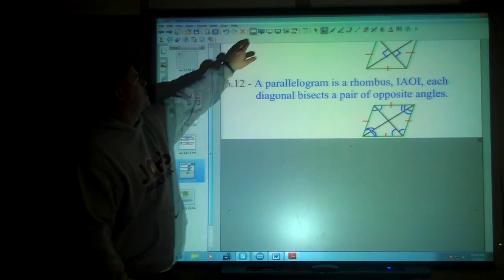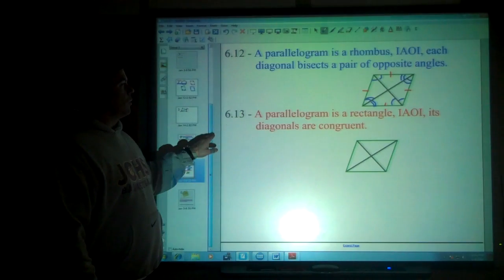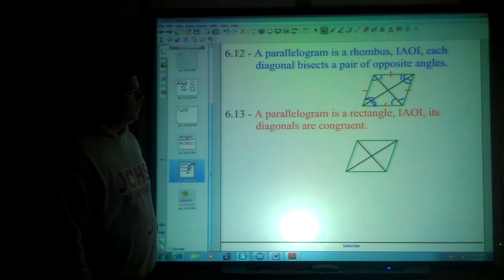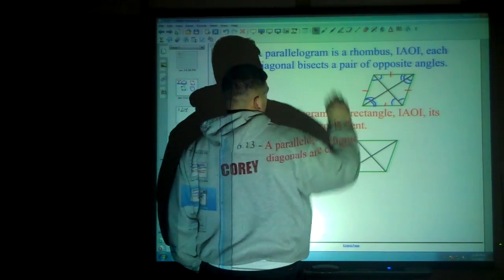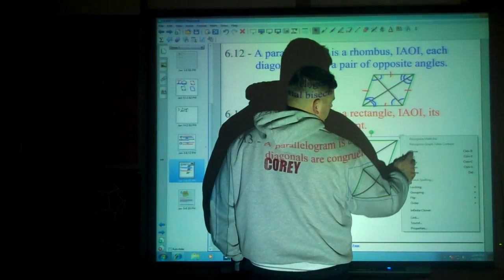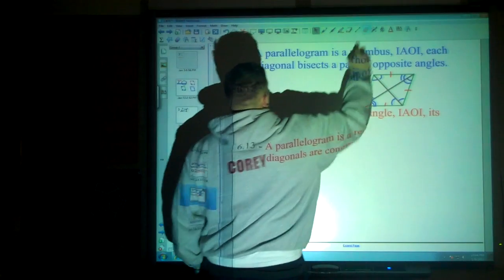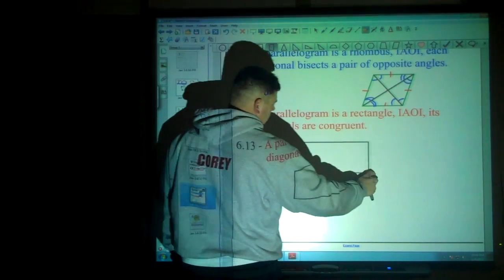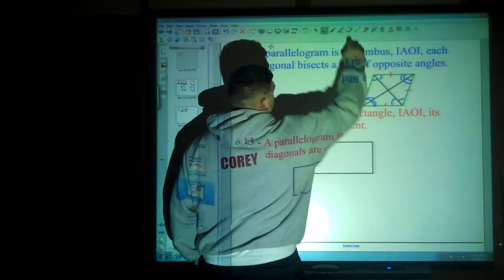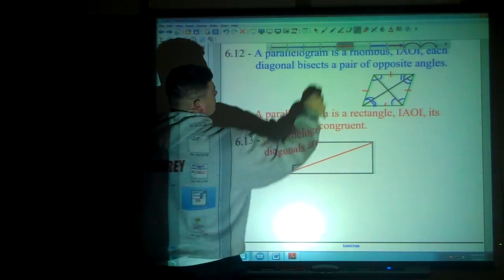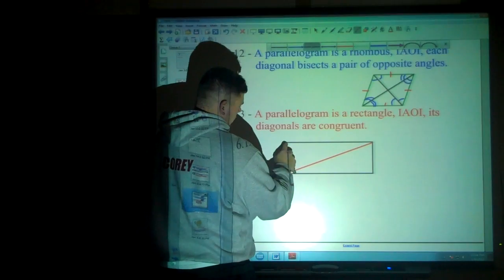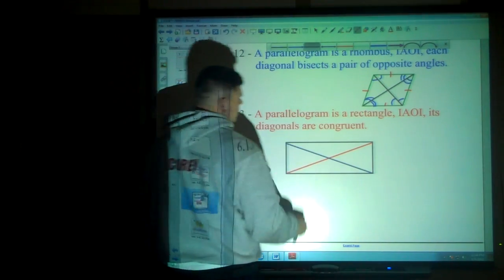And the last special circumstance, a parallelogram is a rectangle if and only if its diagonals are congruent. So if it truly is a rectangle, I should probably get rid of this shape. If it truly is a rectangle, then what will happen is this diagonal will be exactly the same distance as this diagonal.